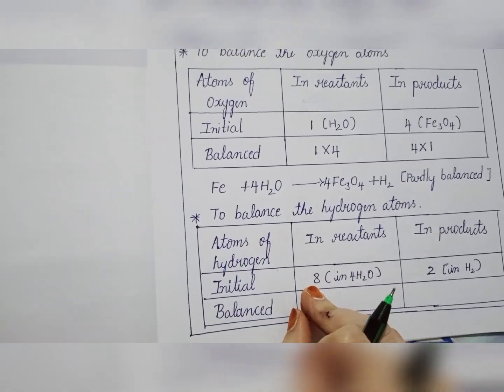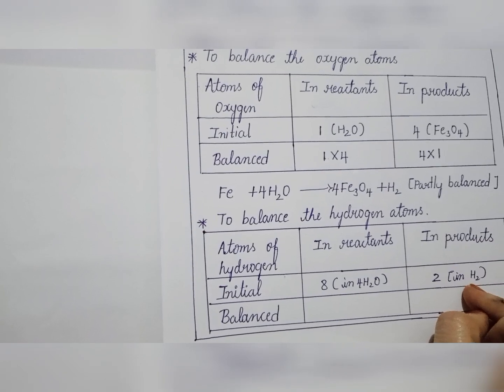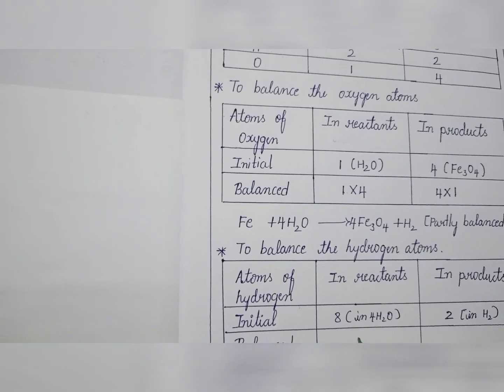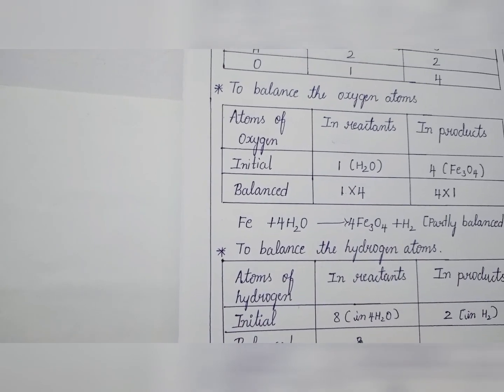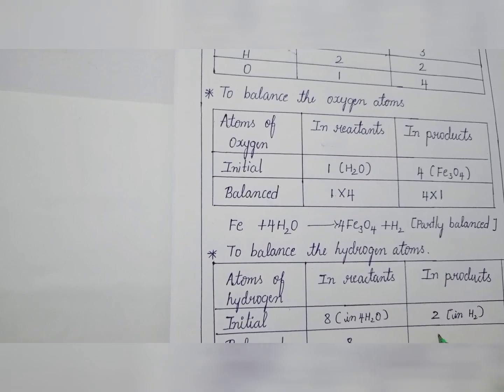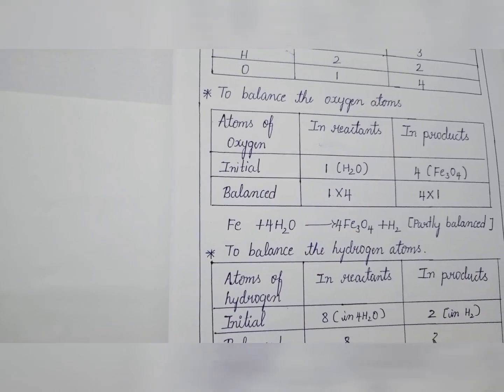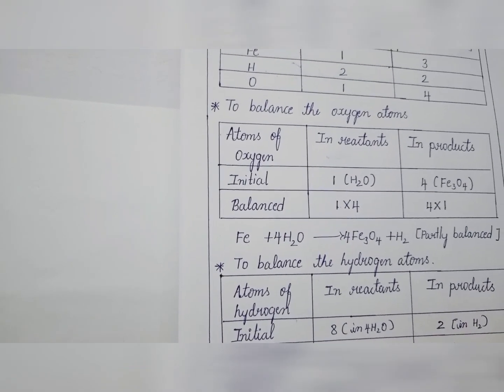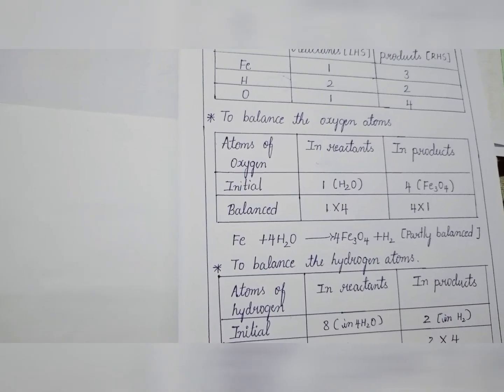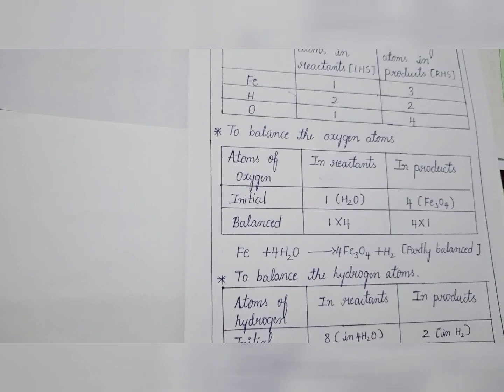Here 8 hydrogen atoms are present, here 2 hydrogen atoms are present. So in the reactant side I am writing the 8 hydrogen atoms as it is. In the product side, I am balancing here 2 into 4. So both in the reactants and products, the hydrogen atoms are balanced.